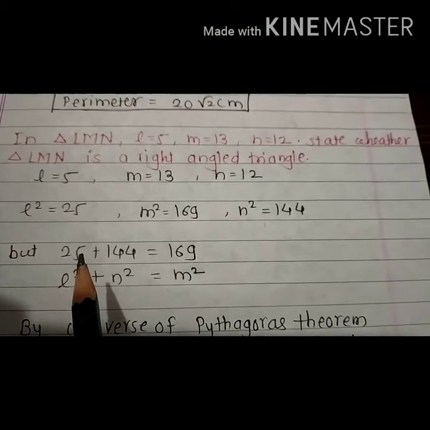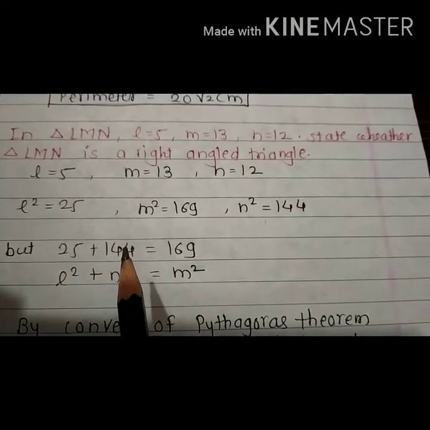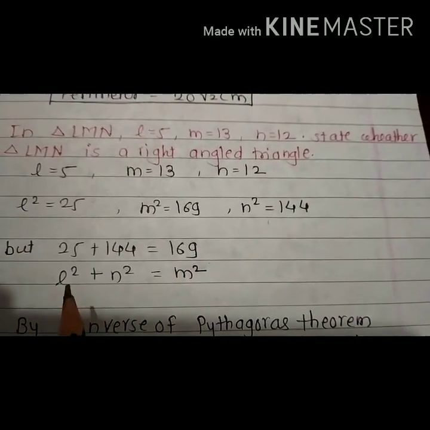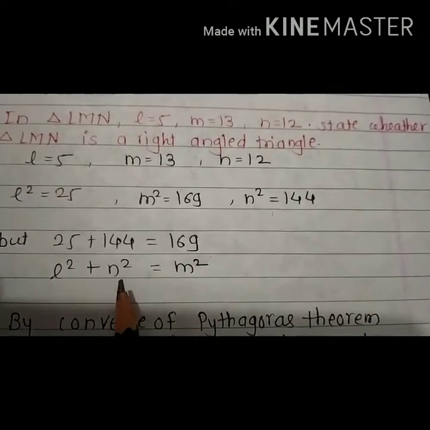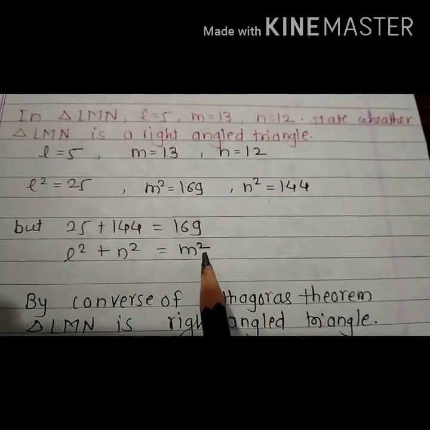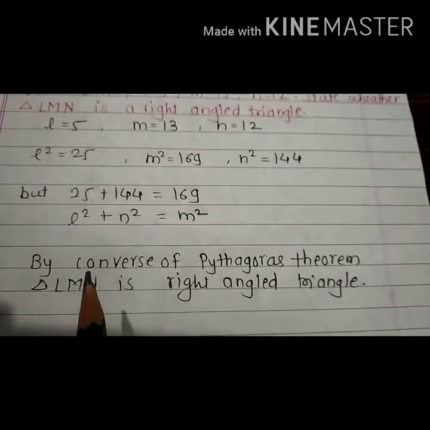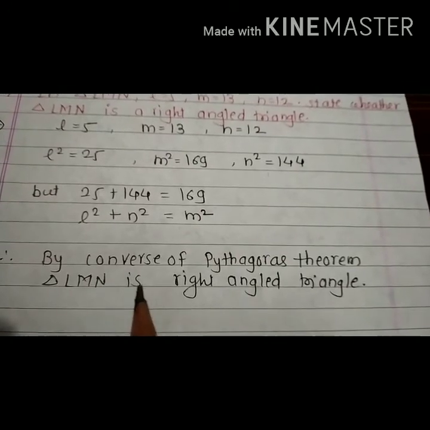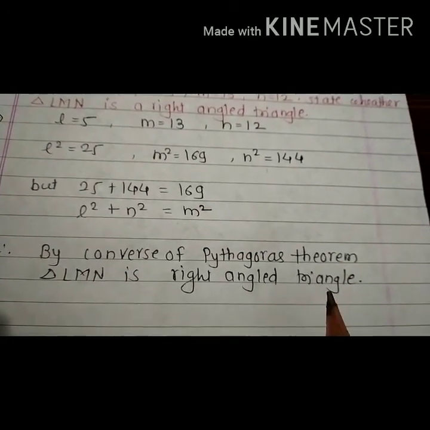But if we add 25 to 144, which is equal to 169, that is L square plus N square is equal to M square. Therefore, by converse of Pythagoras theorem, triangle LMN is a right angled triangle.